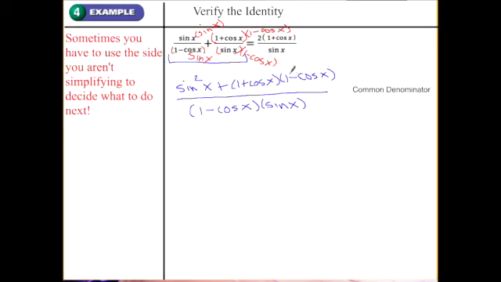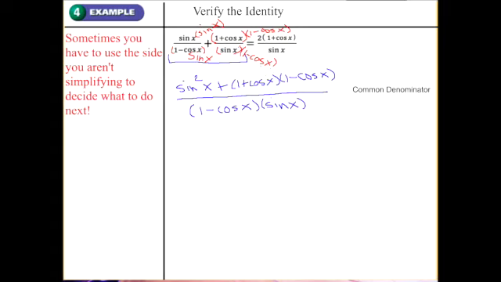I think that I'm going to keep this 1 minus cosine x here for right now. I'm hoping that somehow I'm going to get it to cancel out because I do have the sine of x alone in the denominator on the side I'm trying to turn this all into. So maybe something interesting will happen up here. Who knows? Let's check it out.